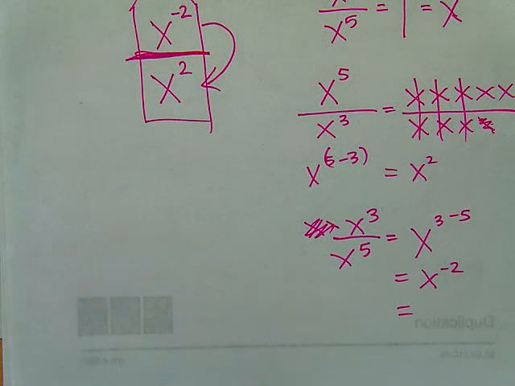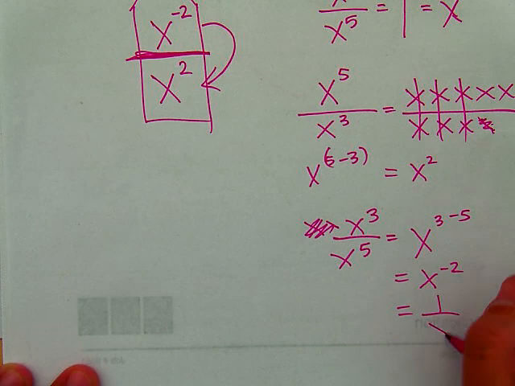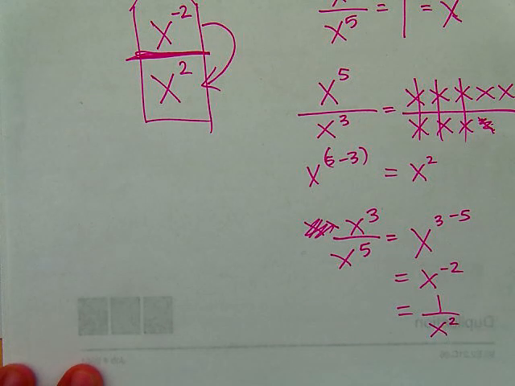I never, ever, ever want to have negative exponents as my final answer. I can have negative exponents show up, but then I want to make everybody happy. Okay? So how can I make the 2 go from negative to positive? Yes? 1 over x squared. Okay?